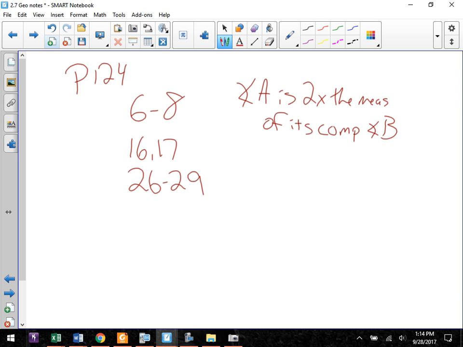So, what do complementary angles have to equal? They have to equal 90. So that means A and B have to equal 90, right?